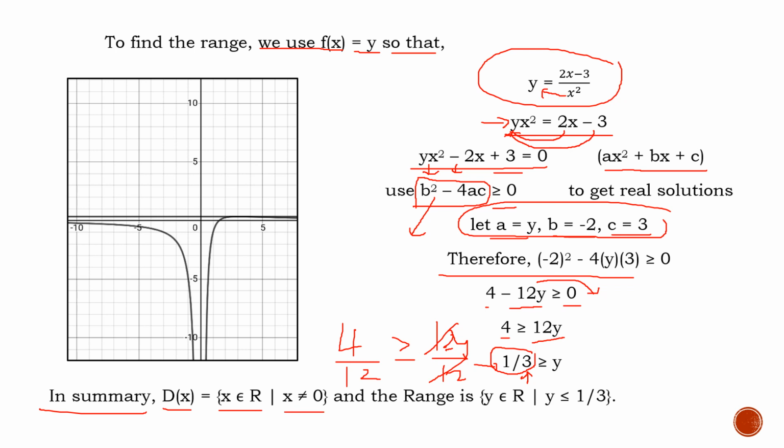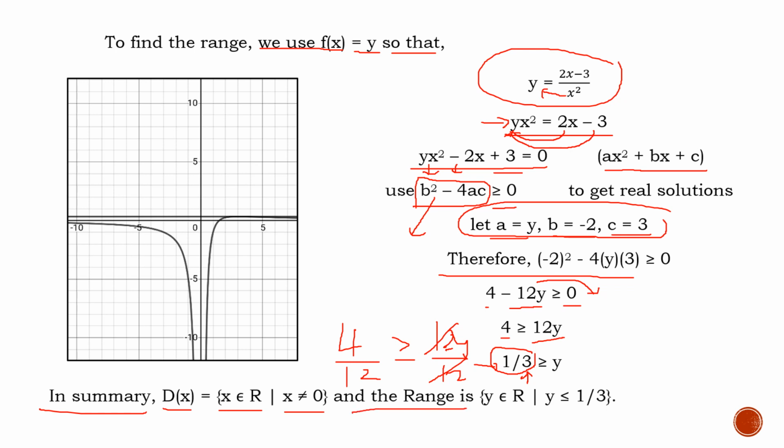Because if your x is equal to 0, it makes your denominator equal to 0 and your function becomes undefined. That's why we need to limit it: even though x is an element of all real numbers, we exclude 0 as a value of your x variable.